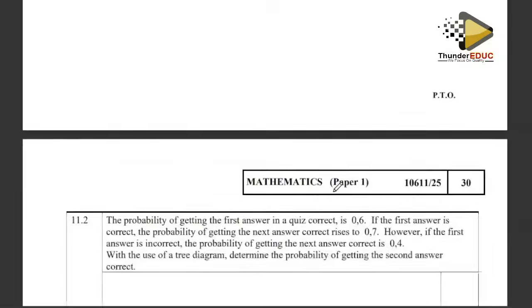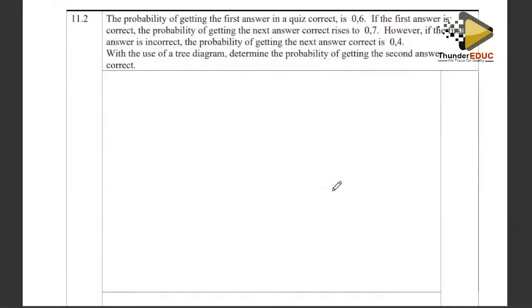All right, then 11.2. Probability of getting the first answer in a quiz is 0.6. If the first answer is correct, probability of getting the next is 0.7. However, if the first answer is incorrect, probability of getting the next is 0.4. With the use of a tree diagram, determine the probability of getting the second answer correct. So let's see. First answer correct, wrong: this is going to be 0.6, and this should be 0.4.